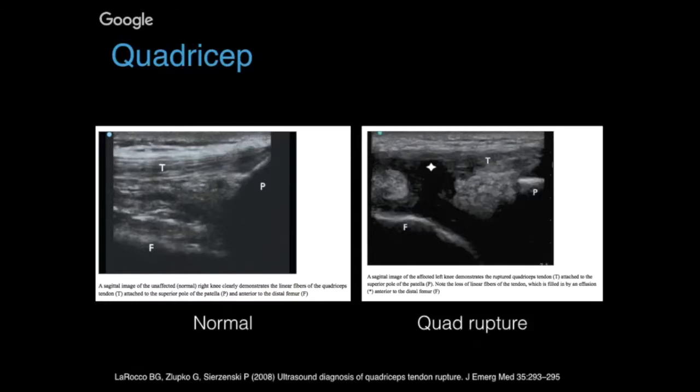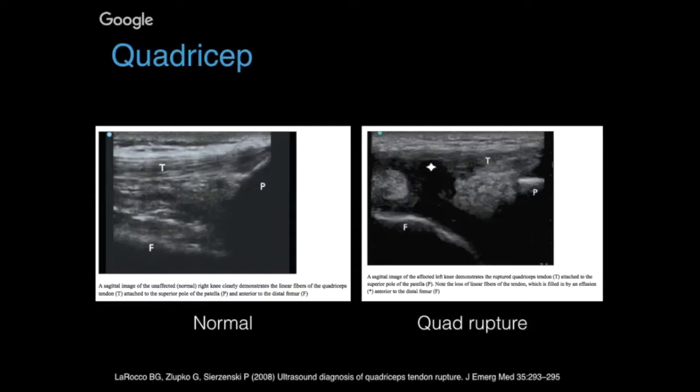So the left-hand side is normal, versus on the right-hand side you have the ruptured quadriceps tendon that's only attached to the superior pole now, and you no longer have that attachment to the femur, and the linear fibers are lost and now replaced by an effusion there, that hypoechoic area.